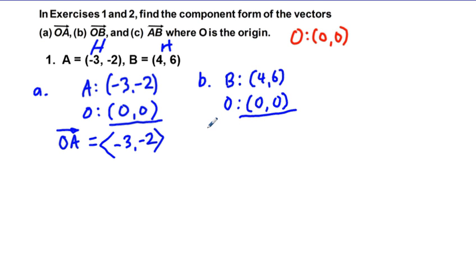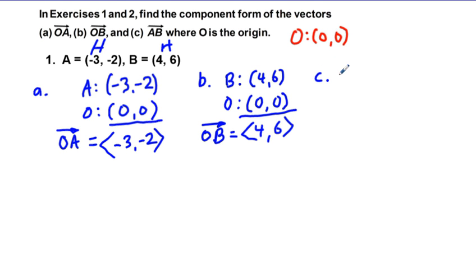So we have vector OB in component form. 4 minus 0 is 4. 6 minus 0 is 6. We have 4, 6.